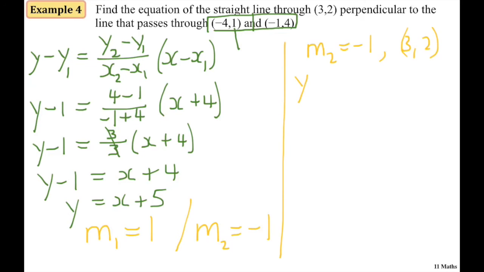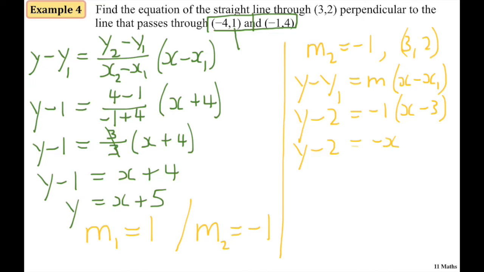So I'll use my formula for when I know a gradient and 1 point: y - 2 = -1(x - 3). Expand the brackets out, put it into general form, add 3 to both sides, and there is my answer.